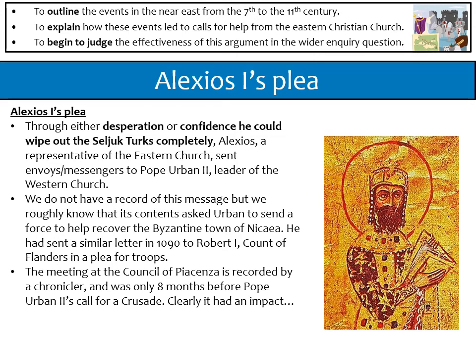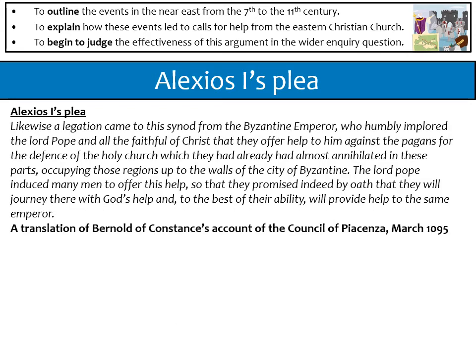It takes place in March of 1095, and that's only 8 months before Pope Urban II's call for a crusade. So clearly it had an impact. And this is the plea that Alexius I made to Urban II. This is the translation of the account for what took place. So we don't have the exact wording of Alexius I, but it is paraphrased.